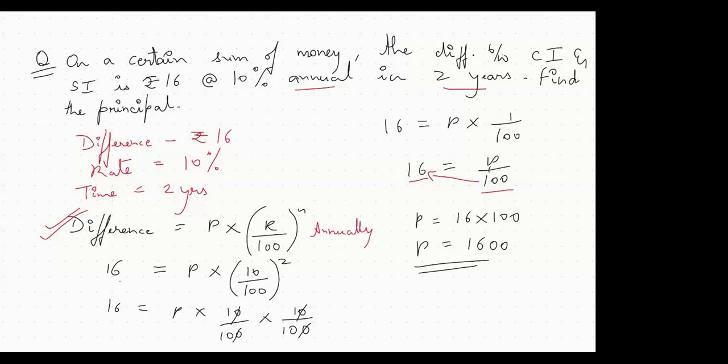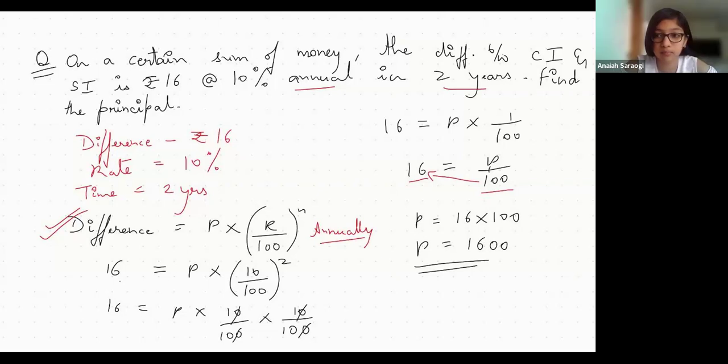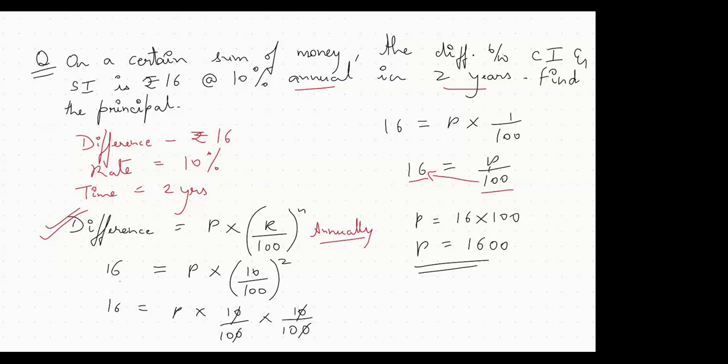And it's compounded annually. First copy this and then I'll write for half yearly and quarterly. Same formula. If it's half yearly, just do r by 2 and then in whole square do 2n. If it is quarterly, just do r by 4 and then in whole square do 4n.